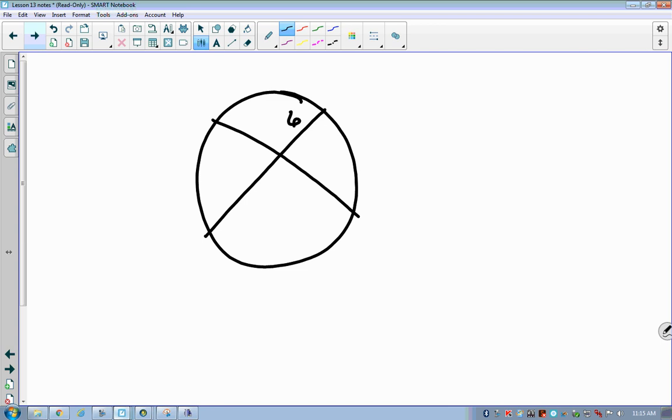We got 6 and 24 here, and 18 and x here. So this is proportional. What we're saying is that 18 times x is going to be equal to 24 times 6.